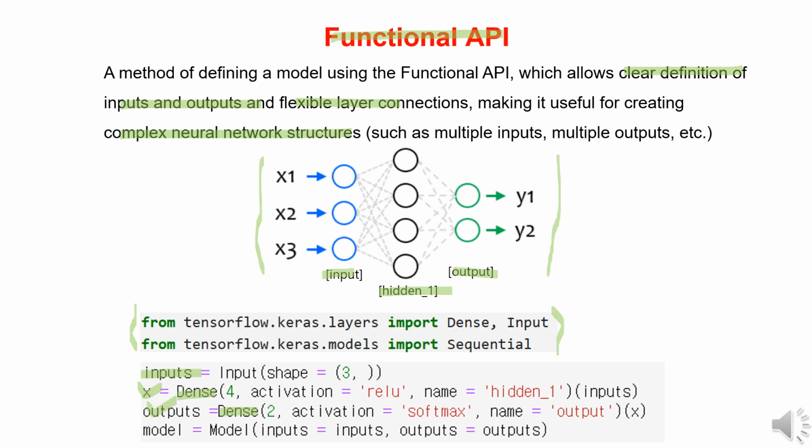After storing the input, hidden, and output layers in their respective variables, we define the model. Here, the number 3 represents the number of input values, 4 represents the number of nodes in the hidden layer, and 2 represents the number of output values. The functional API method is great for designing complex structures because it allows you to clearly define and connect each layer.